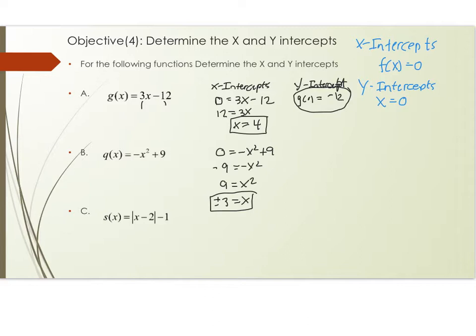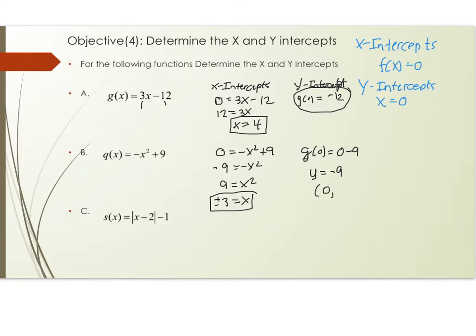And for the y-intercept, right, we have q of 0 is equal to 0 minus 9. So in this case, y is equal to minus 9, right? In our y-intercepts, we should really put out where the intercepts are at.